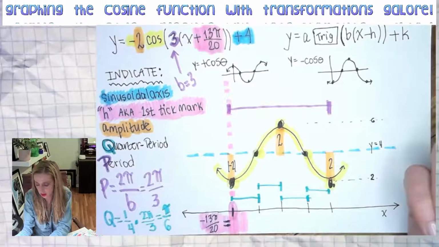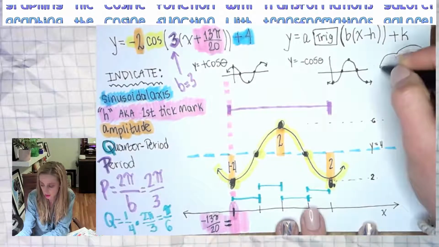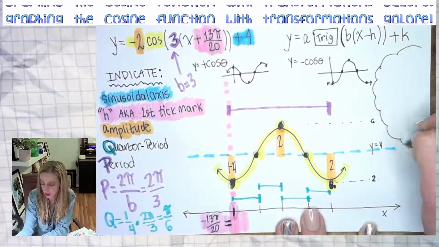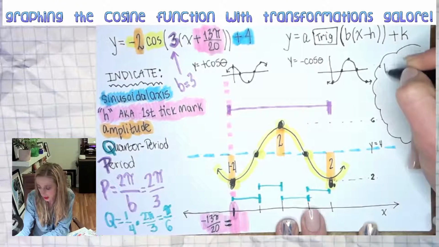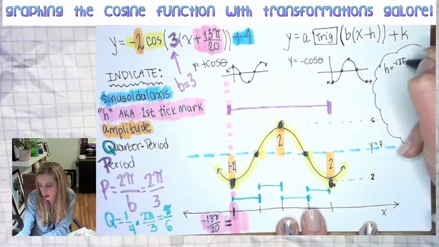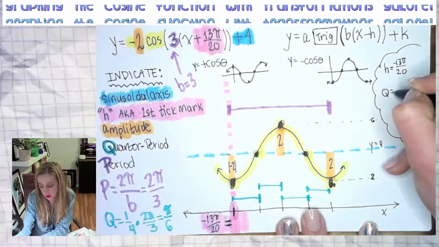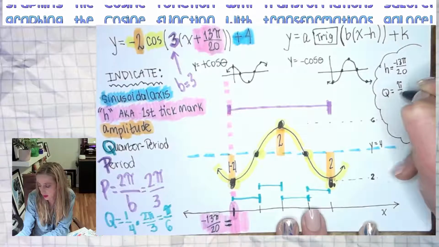I don't know why I was thinking that for a second there. So pink and green in this case. So let's do a little brainstorm in this little cloud. H was negative 13 pi over 20. Q is pi over 6.